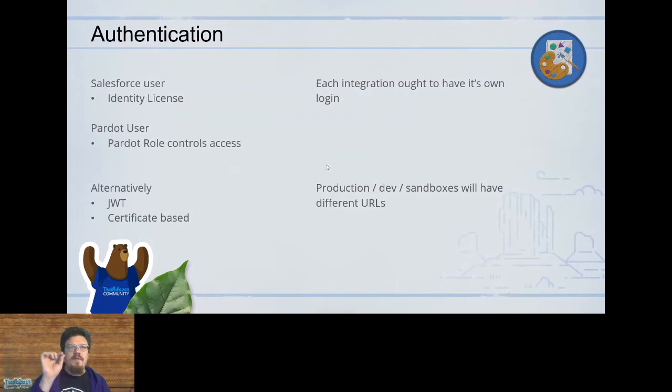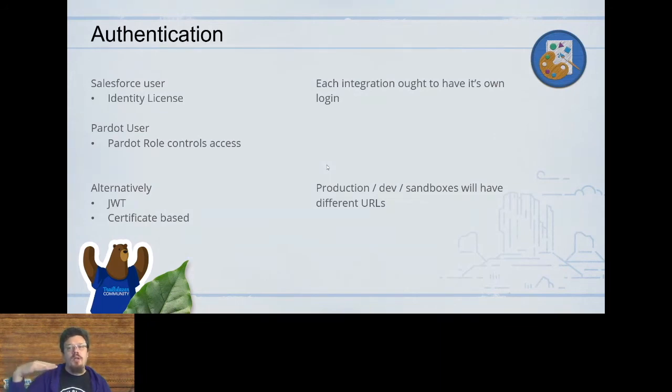So if the Pardot API user is set up as a sales role in Pardot, we basically can see just the records that the user, that integration or that API connector user, has visibility to, which is probably nothing.